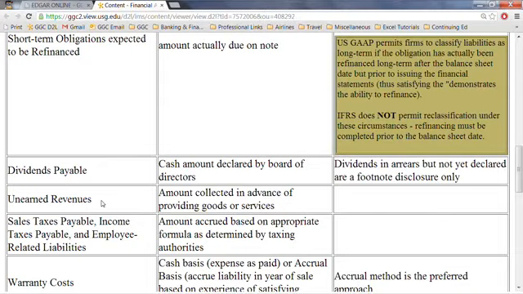Similar sorts of things happen in other industries. For example, airlines. We will typically collect cash in advance of providing the services. In fact, most airlines will not allow you to book a flight more than 1 year in advance.